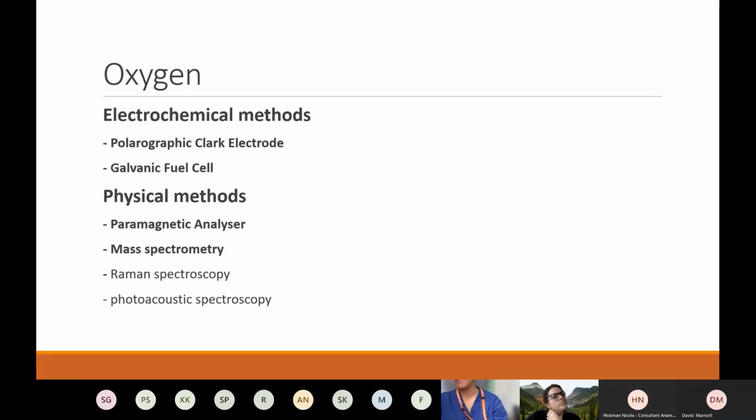So the Polarographic Clark electrode and the galvanic fuel cell, the paramagnetic analyzer and mass spectrometry come under physical methods, and within that there's also Raman spectroscopy and photoacoustic spectroscopy, which I'm not going to talk about because it's going to probably be too much for this presentation, and because I don't fully understand them completely yet.